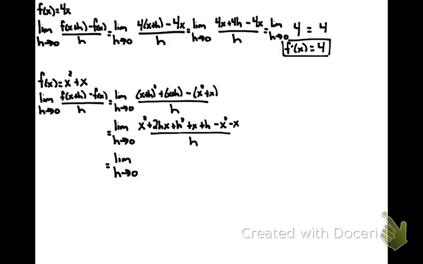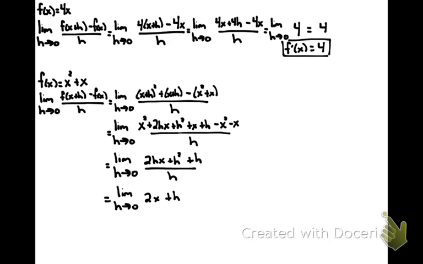The x squareds will subtract out and the x's will subtract out. So we will have 2hx plus h squared plus h. And that whole expression is still being divided by h, which is nice because now when we divide everything by h, we're left with 2x plus h.